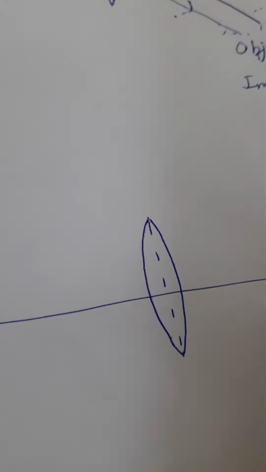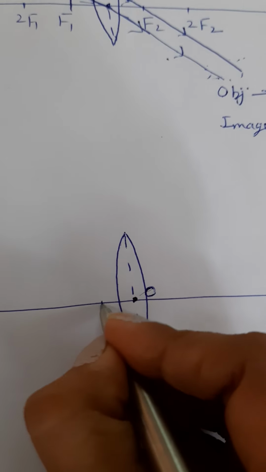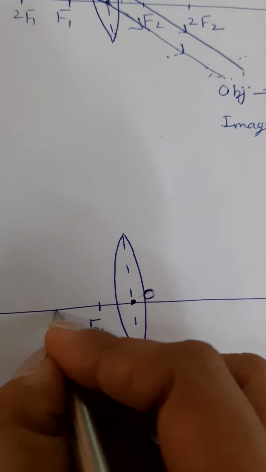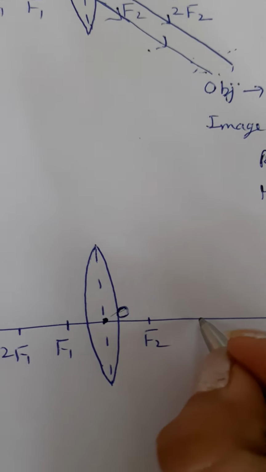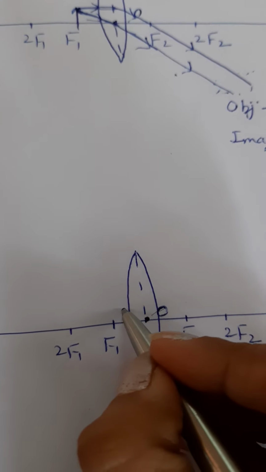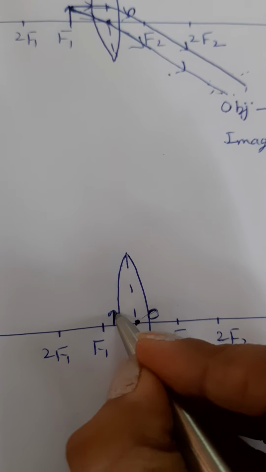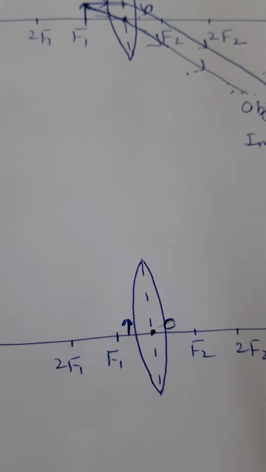We will again draw a lens, principal axis, and mark the optical center, F1, 2F1, F2 and 2F2. So where will we choose the position of the object? Here you choose a smaller size object so that it will not go beyond your page.